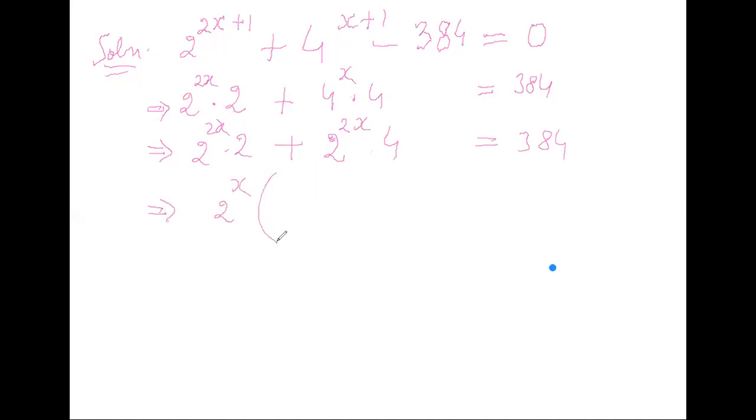Now we can take 2 raised to power x common. See, we have taken 2 raised to power x common. We are left with 2 plus 4 inside. This is equal to 384. Right? Now 2 plus 4 is 6. 6 goes to the other side, right?